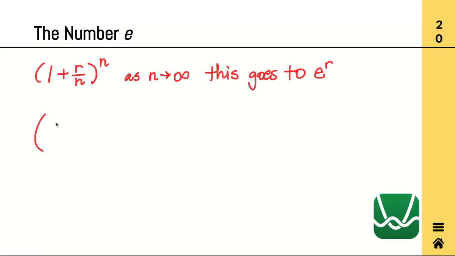We're going to look at it as 1 plus 1 over x to the x. So let's pretend that the rate is just 1, and ask what happens as x grows large? We can explore this in the Desmos graph that I have linked here at the bottom.